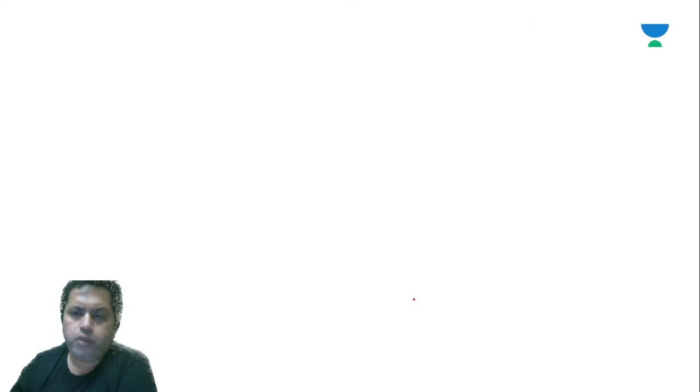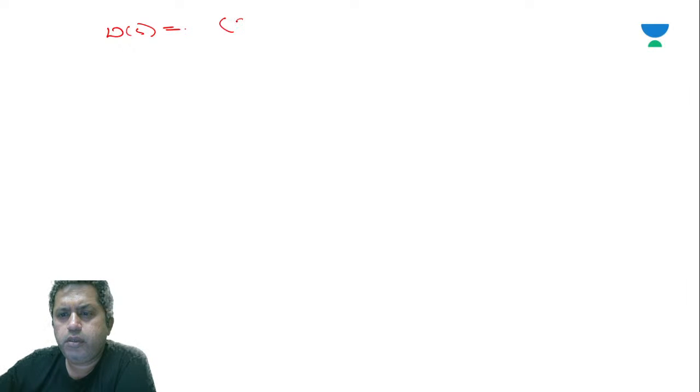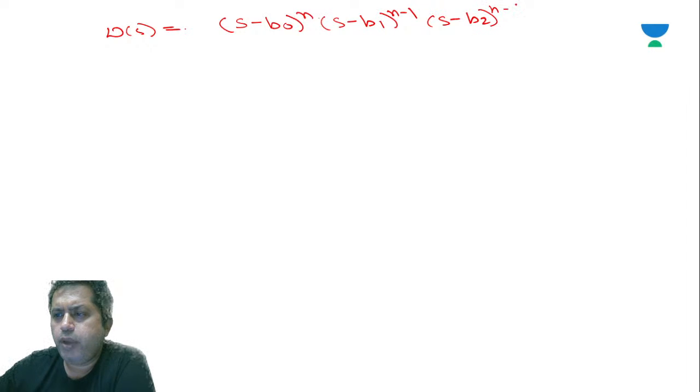The denominator polynomial can be written as (s minus b0) raised to n, (s minus b1) raised to n minus 1, (s minus b2) raised to n minus 2.